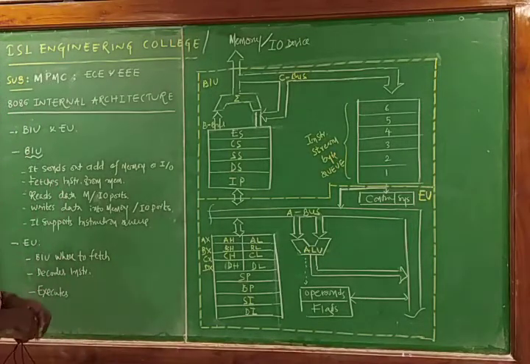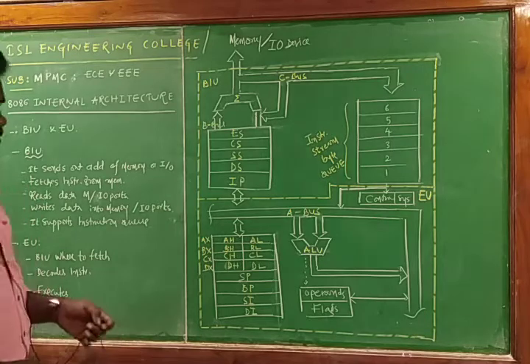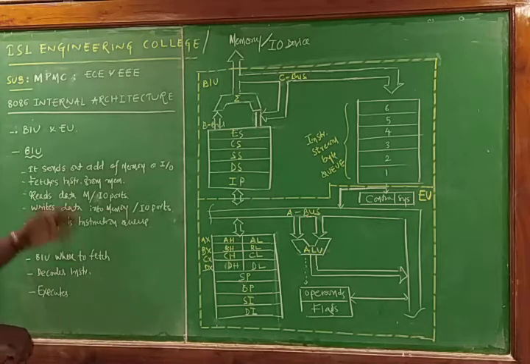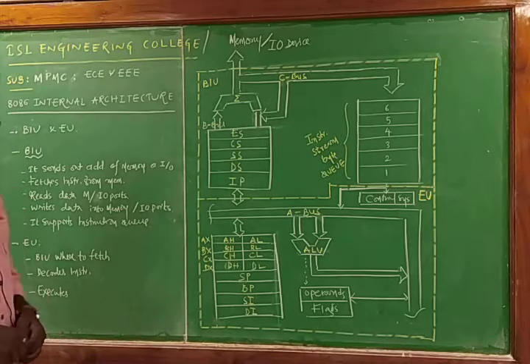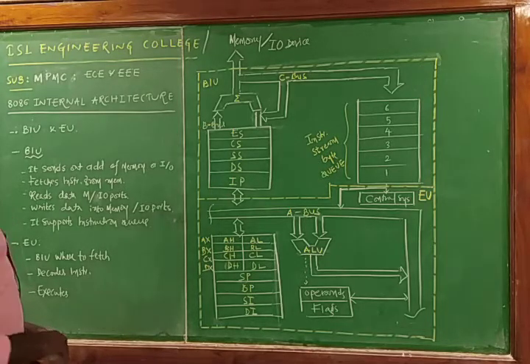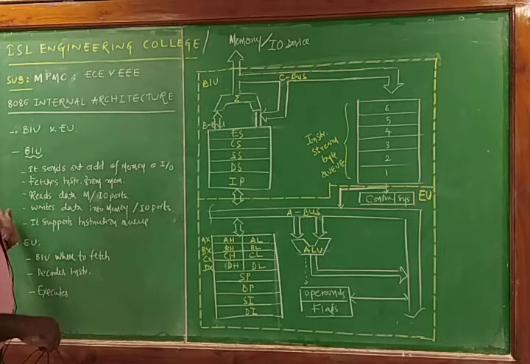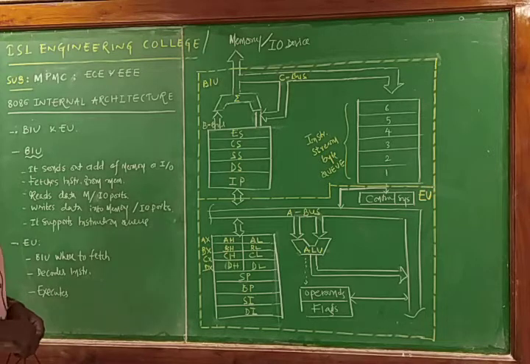And the third important function of the 8086 microprocessor is that the bus interfacing unit reads the data from the input output port. And the next important function of the bus interfacing unit is that it writes the data into the memory or input output ports, and it also supports the instruction queue.